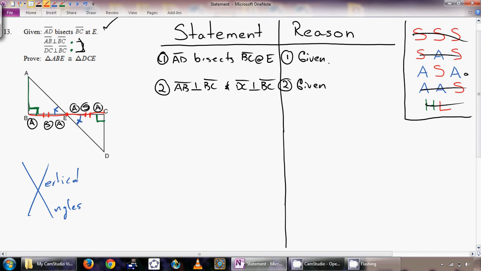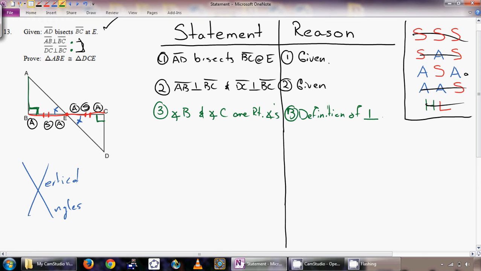Okay. Now I'm going to start to establish some facts, some things we know. Well, based on statement 2, I know that angle B and angle C are right angles. And 3, how do I know that? Oh, that's the definition of perpendicular.